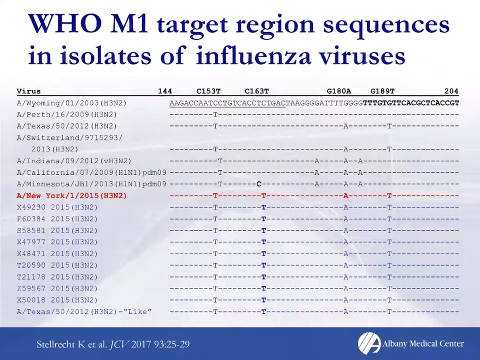The other thing is the Minnesota strain, an H1N1 where they had a ProFlu failure, and they identified 2 point mutations. It was interesting that they had one right at nucleotide 162, where our mutation that was different from the Swiss strain was a C163T mutation. Whether or not this region is the most important, it's possible.